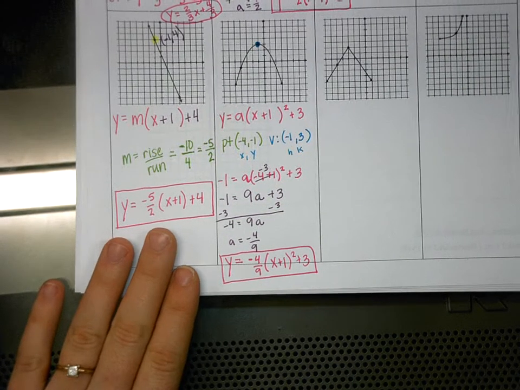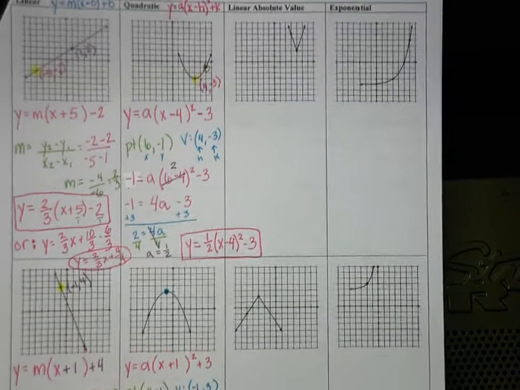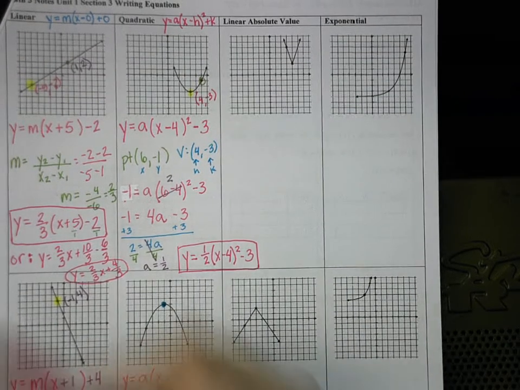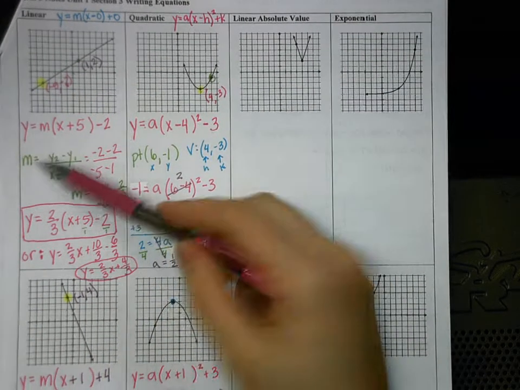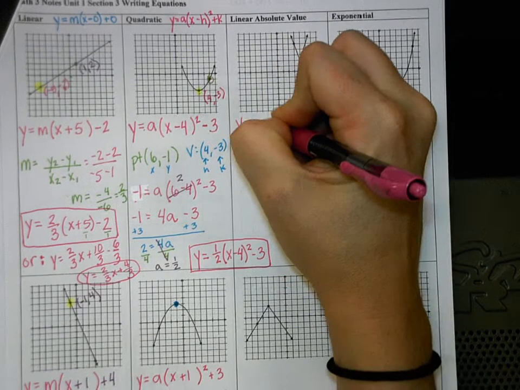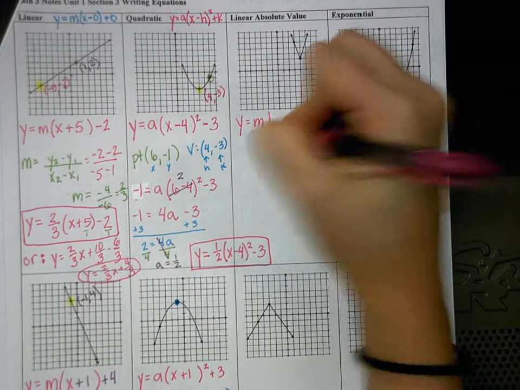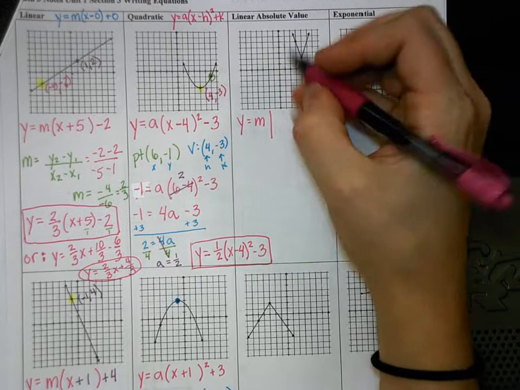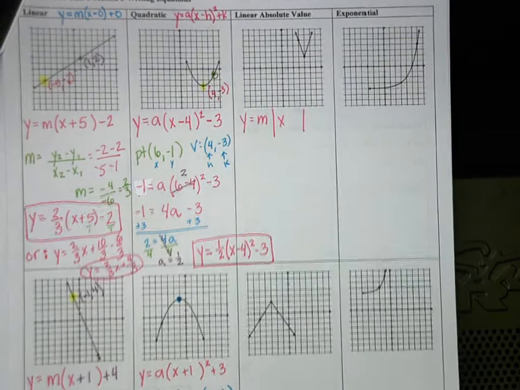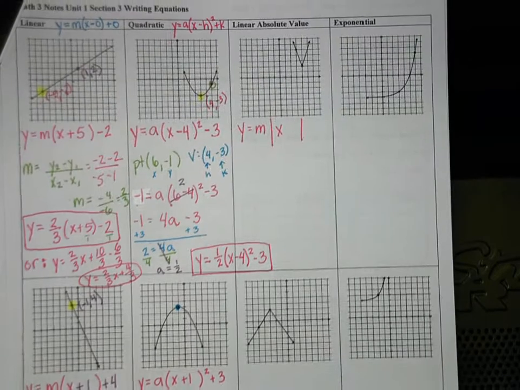Okay, the linear absolute value ones are a little bit easier because you can count the slope just like we did in our linear equations. So because it's a straight line, I'm going to use m for slope instead of an a value. But I'm still going to use this vertex.